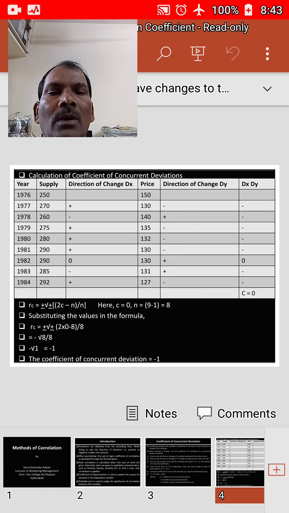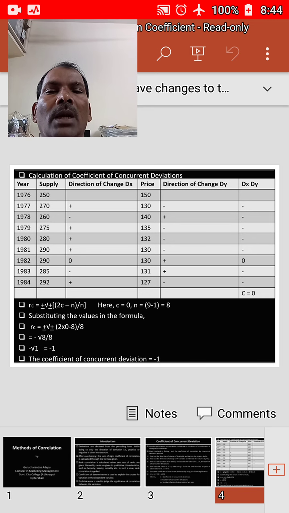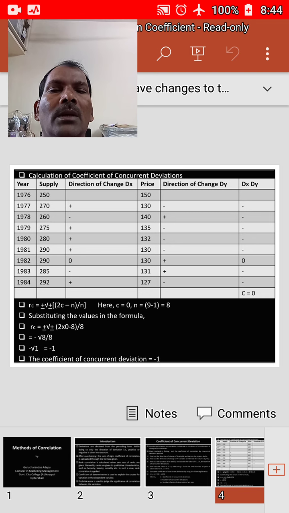If you multiply these dx and dy, the direction of change of values, that is the signs. First, in 1977, the supply sign is plus and the price sign is minus. Hence plus into minus is minus. In the same manner we need to multiply all. 78, minus into plus, minus.